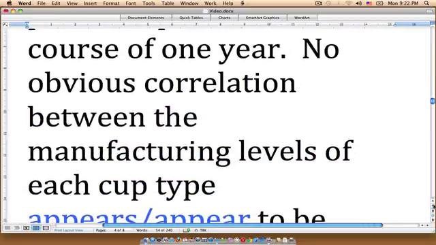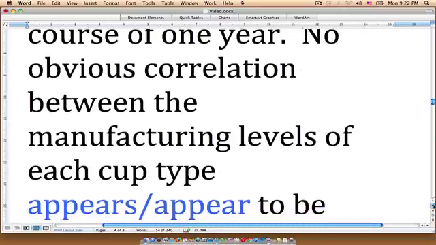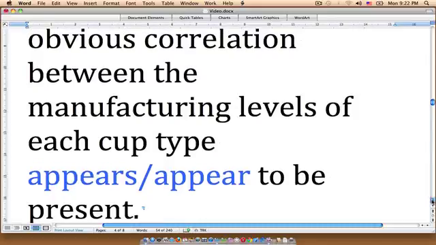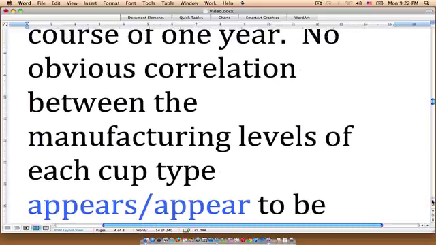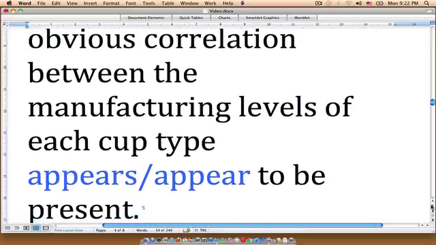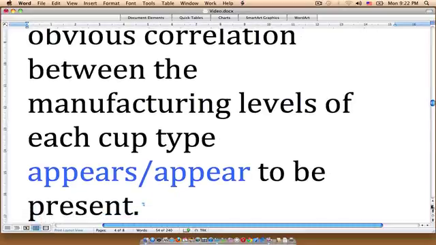No obvious correlation between the manufacturing levels of each cup type appears to be present, or appear to be present. Okay, so now this sentence is a little bit complicated.